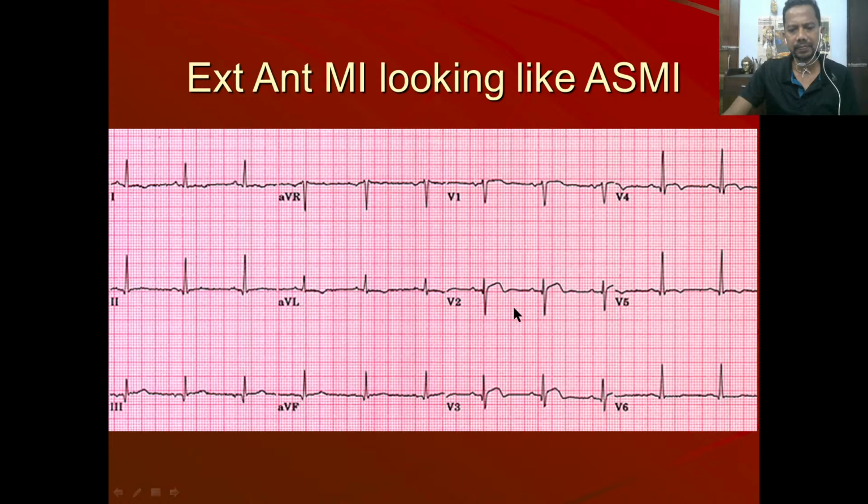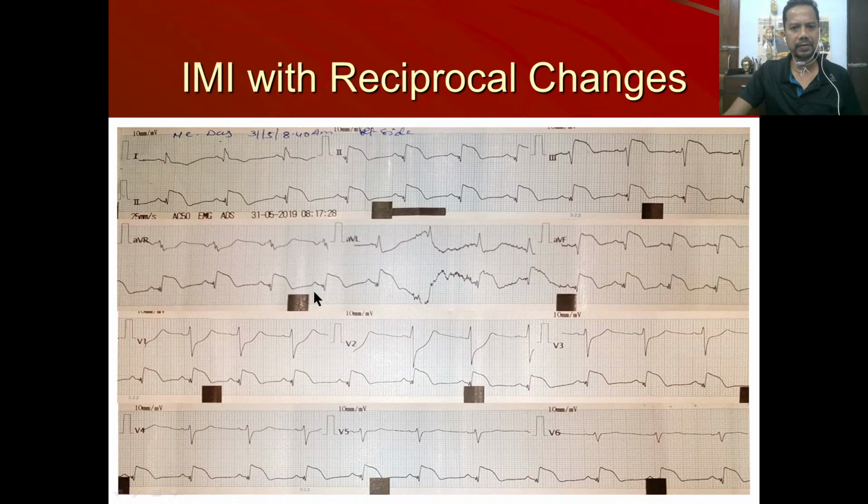It signifies a high LAD block. Okay, and V3 coving, V5 T inversion, flat T, lead 1 coving, T inversion, lead AVL coving, T inversion. You have to be this smart, you have to pick up this coving, and you will save so many lives.